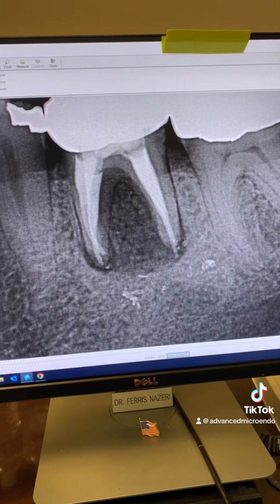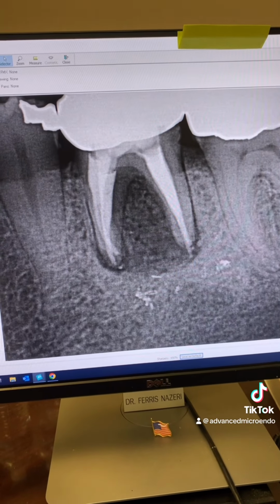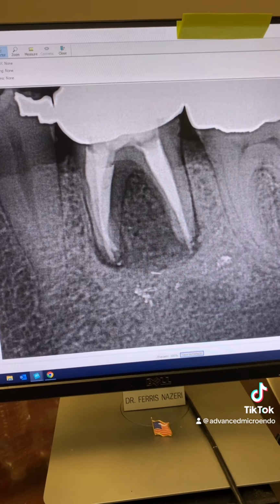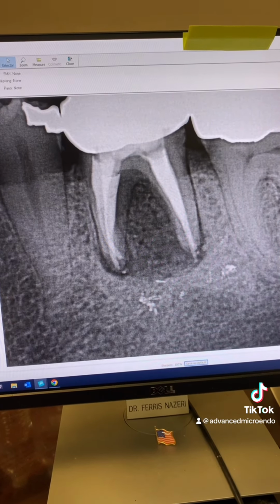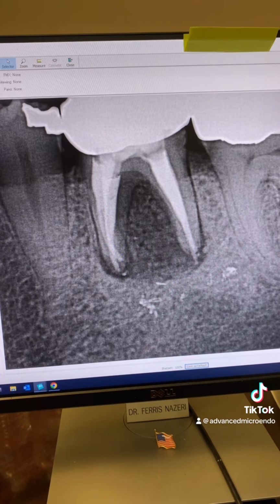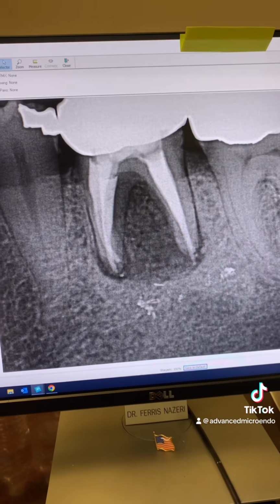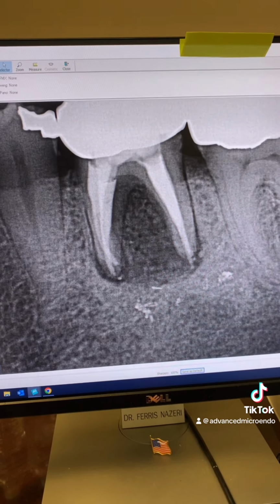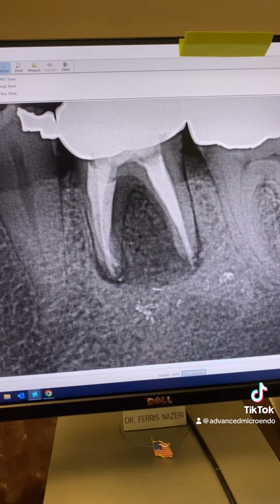This patient was referred to me for endodontic retreatment of tooth number 19. The root canal was originally done a few years ago, and then a year ago, patient says he developed a swelling, was referred to another endodontist, and the endodontist redid the root canal. But patient says ever since the root canal was redone a year ago, the symptoms are the same.